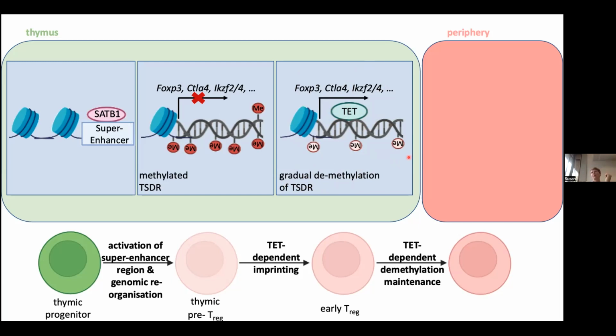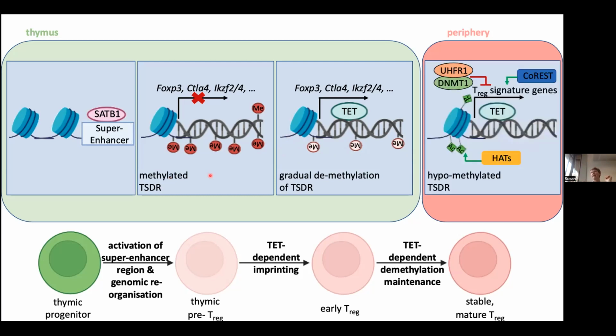This is one of the reasons why tTreg are thought to be more stable than pTreg, because when pTreg try and do the same thing in the periphery, they may already actually encounter extrinsic destabilizing signals, while they're maybe still much further down that process here. And the hypomethylation state is not yet reached. In the periphery, the Treg hypomethylated profile then needs to be maintained.